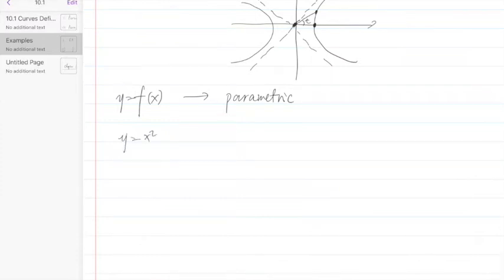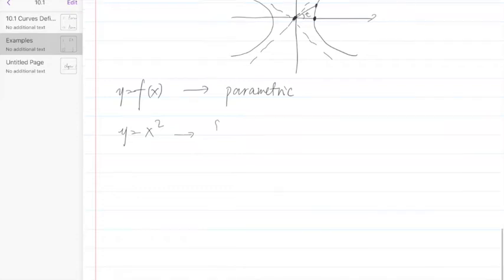Well, for example, if I give you something which is y equals x squared, can you transfer it into a parametric equation? Well, the answer is you can always do it. Let's go with x squared.